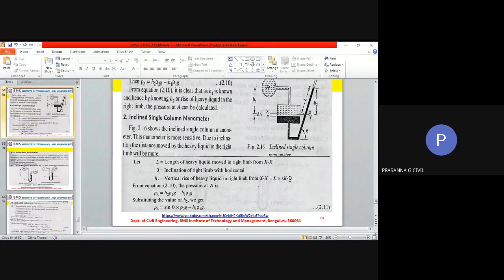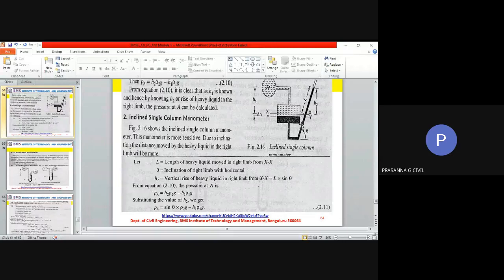Difference between simple U-tube and our single column manometer is that here you have a big reservoir attached to the U-tube. This reservoir's area is almost 100 times more than the area of cross section of the limb on the right side.